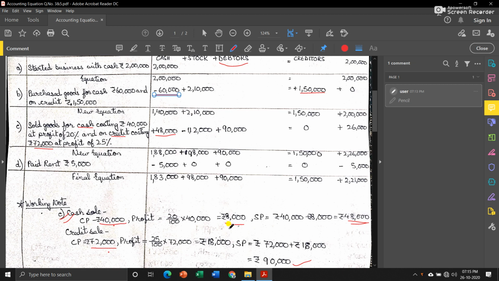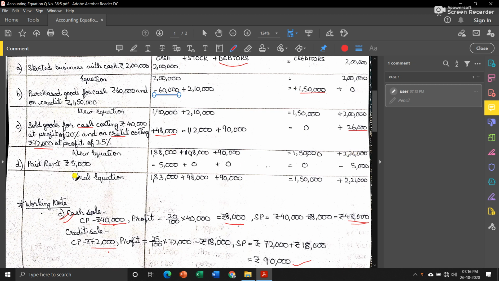In our previous calculation we saw that profits are added to the capital. So 26,000 of profit will be added to the capital. After deducting and adding, we got the new equation: cash 1,88,000. Stock, after deducting 1,12,000 from 2,10,000, we have 98,000. Then debtors 90,000. Then creditors 1,50,000 and capital 2,26,000.